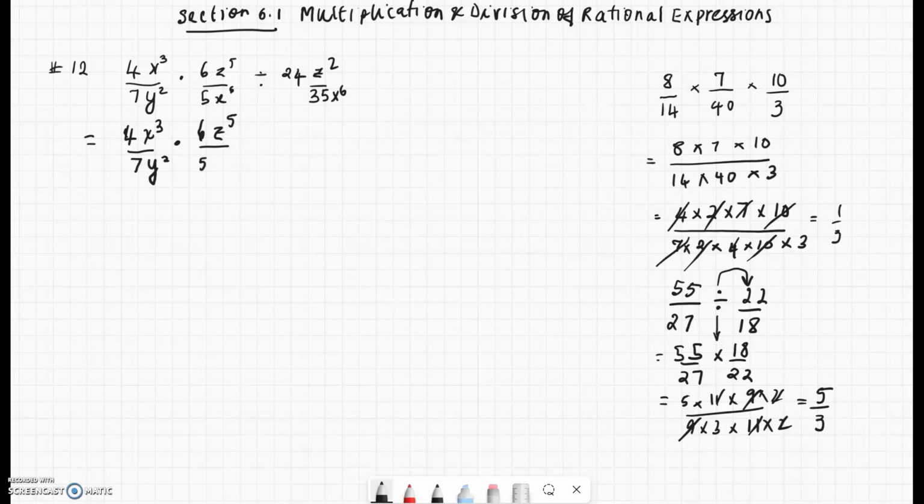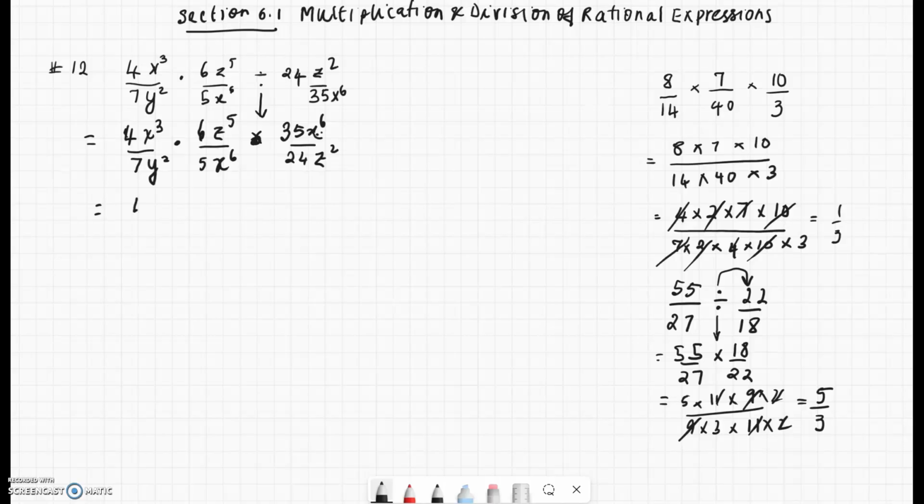Now let's change division to multiplication, which is a dot, and then flip the fraction. So now we have the 35x to the 6th in the numerator and the 24z to the 2nd in the denominator.